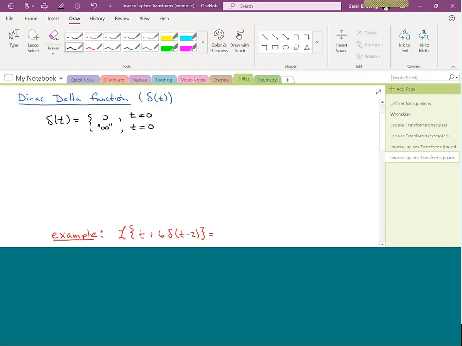So infinity, not really a number that you could put here for a normal real-valued function, which is why this guy is weird. This guy was originally formed from a limit.